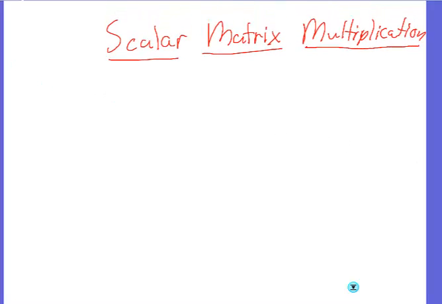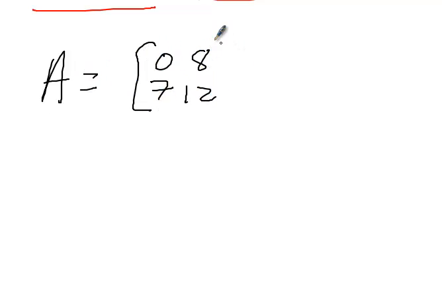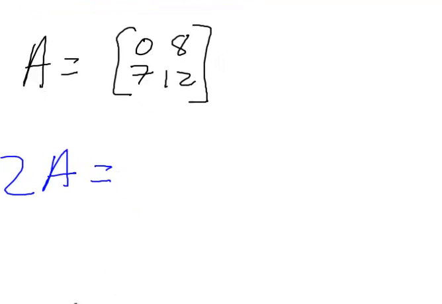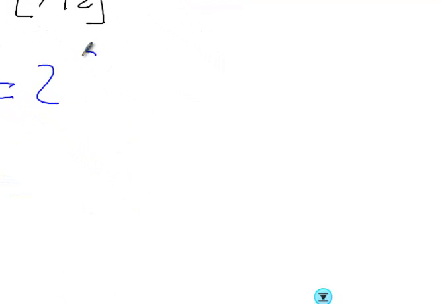So say we have matrix A equal to 0, 7, 8, 12. Multiplying matrix A by a number would just be saying we're going to multiply 2 times A. All you're going to do is take every value in A and multiply by 2.